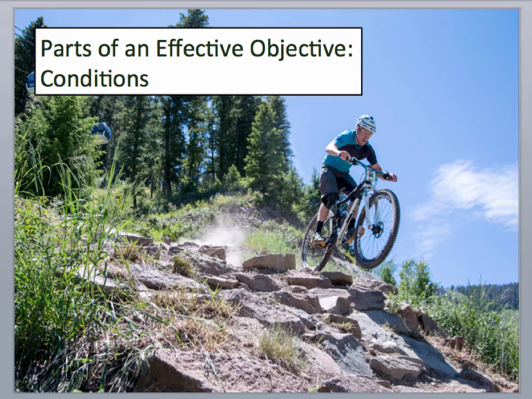In both these cases, the conditions of the objectives make it clear what the intent is. So to avoid any confusion regarding your objective, you should state the main condition under which the performance will occur. You need to ask yourself, what will the learners be expected to use when performing?